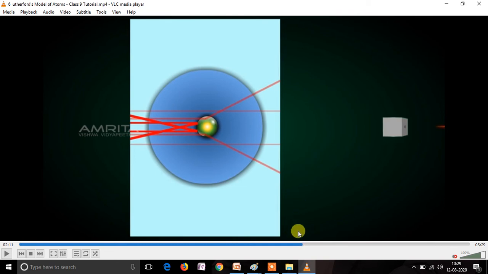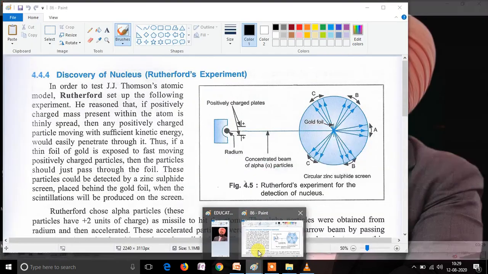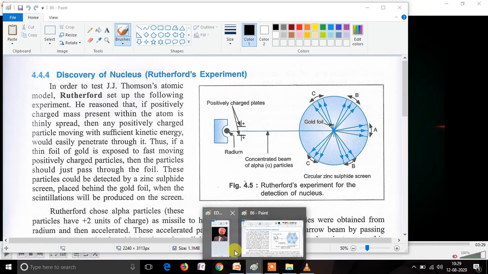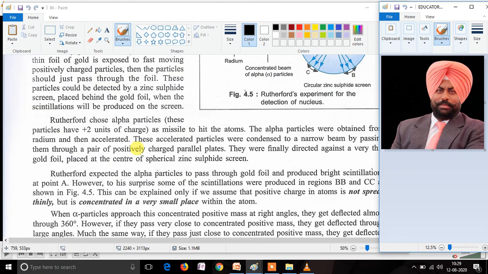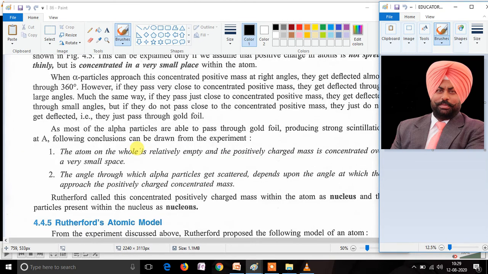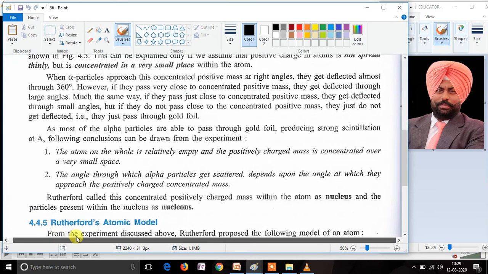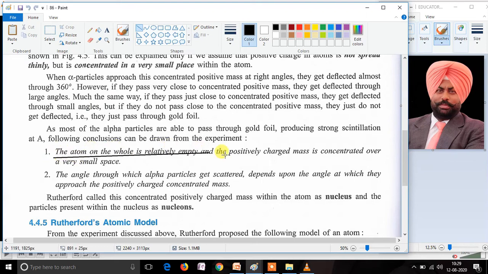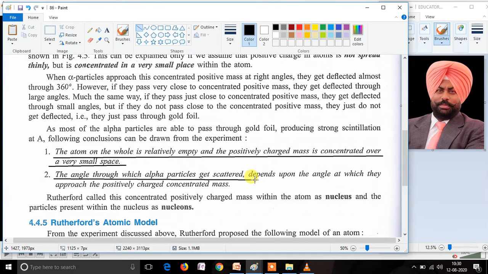If we look at these things in the book, we see that the conclusions made by Rutherford are given, and the conclusions are: the atom on the whole is relatively empty and the positively charged mass is concentrated over a very small place within the atom, and the angle through which the alpha particles got scattered depends upon the angle at which they approach the positively charged concentrated mass within the atom.